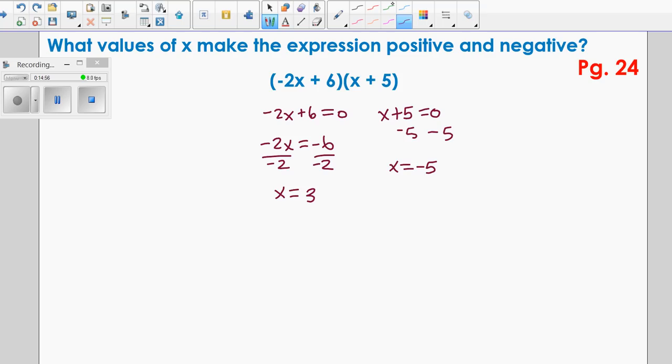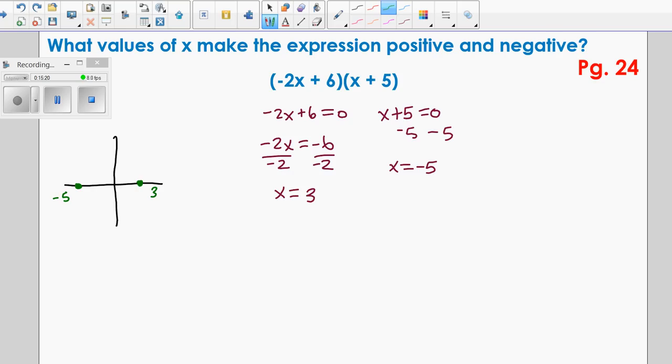So this means my x-intercepts will be at positive 3 and the x value of negative 5. Positive 3 can be about here, and so we'll label that, and negative 5 can be about over here. It's just a sketch. Then I need to pay attention to whether this function opens up or opens down.